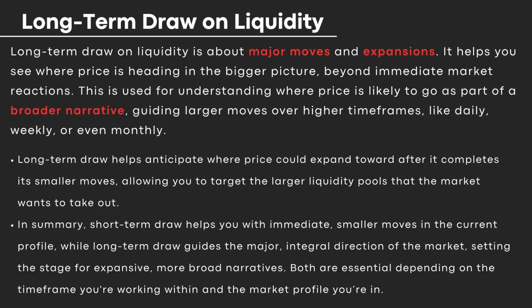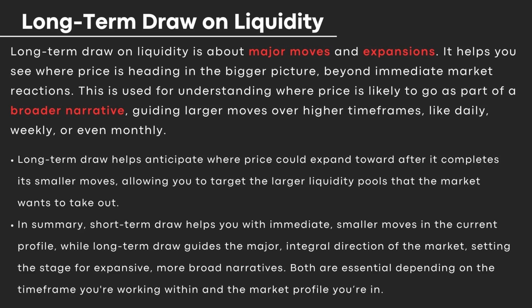But on the other hand, long-term drawn liquidity deals with expansions and reversals, showing us where these broader and major moves could go to and where they are trying to reach for, right? It gives us a perspective on the bigger picture of the market movements and where it's likely headed to, right?